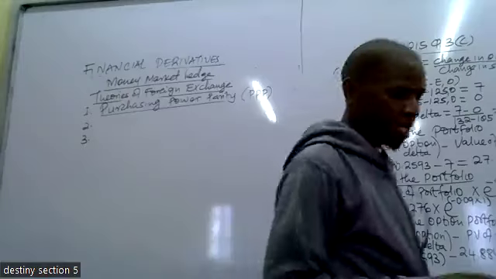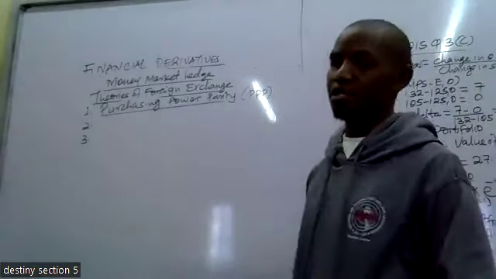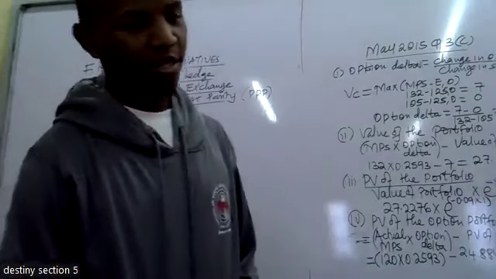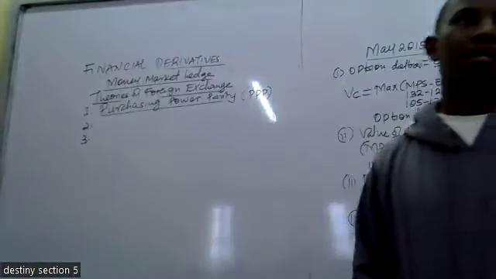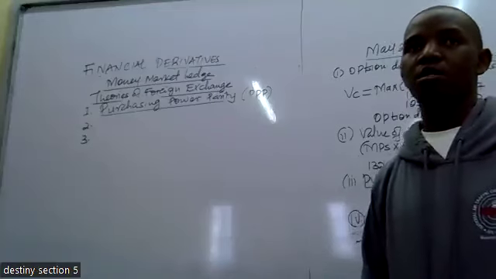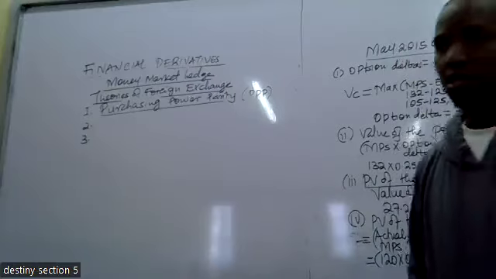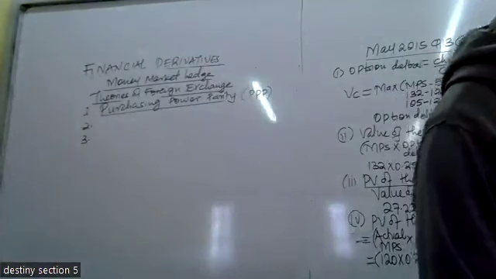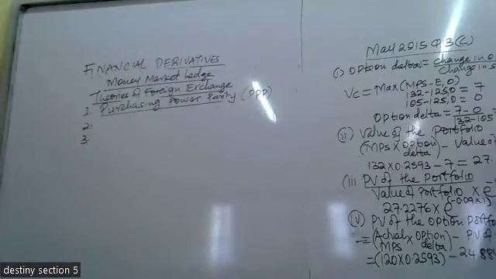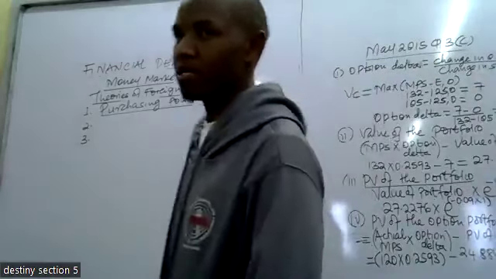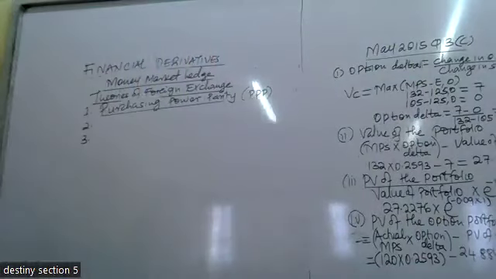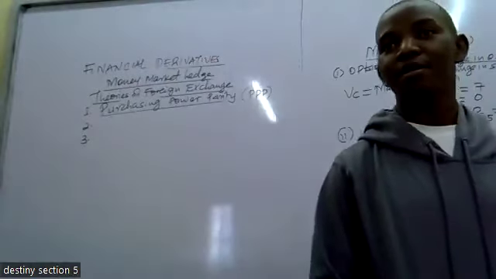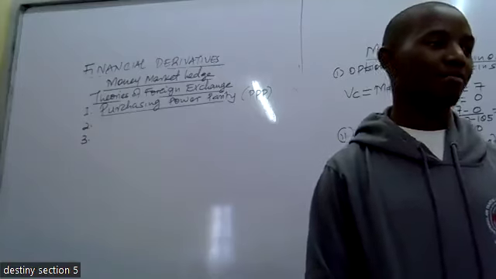The theory states that exchange rates between two countries, between two currencies, are the same in equilibrium.